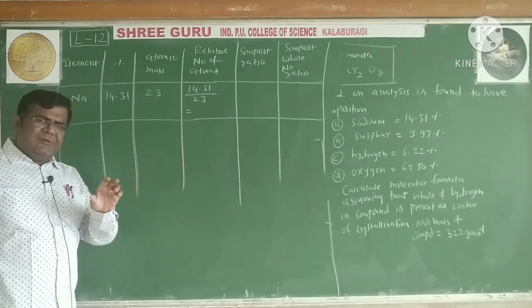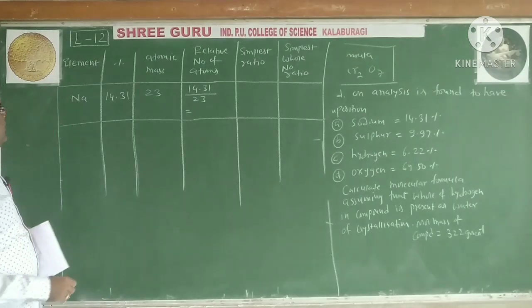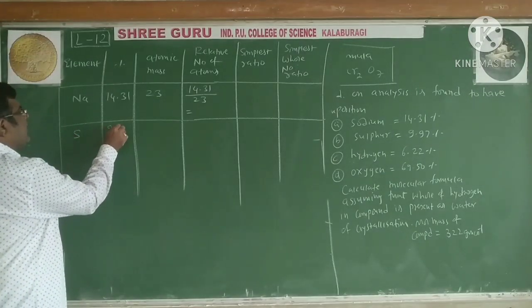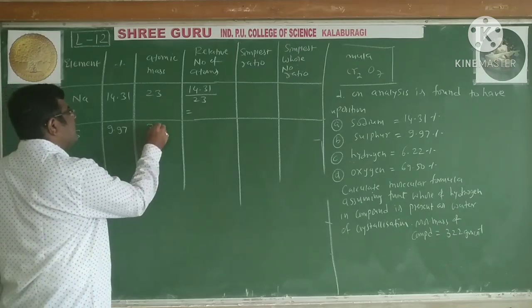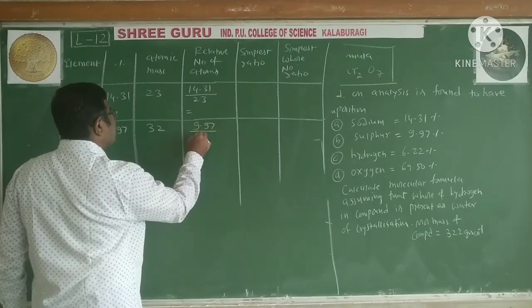In MCQs also they will give atomic masses. Then comes sulfur, 9.97, atomic mass 32, so 9.97 divided by 32.